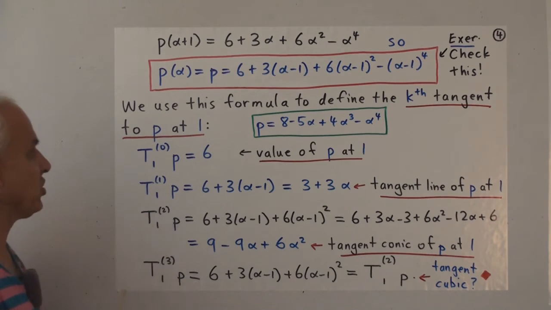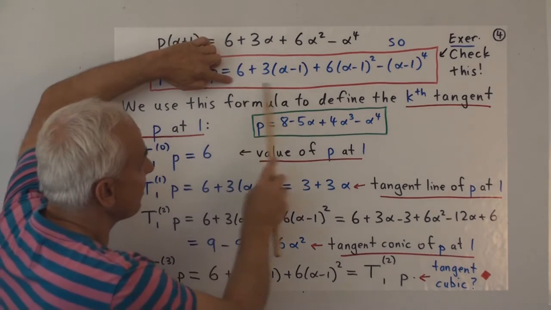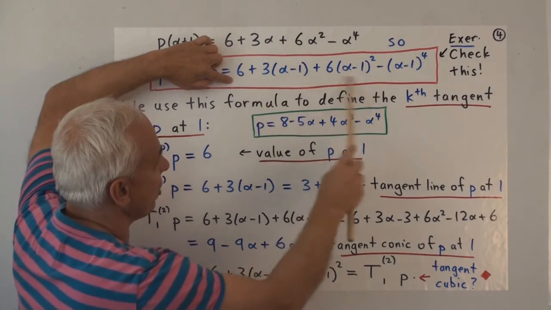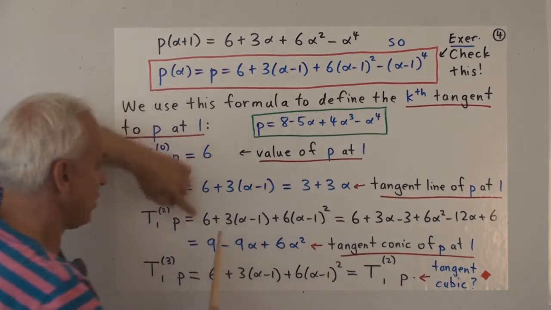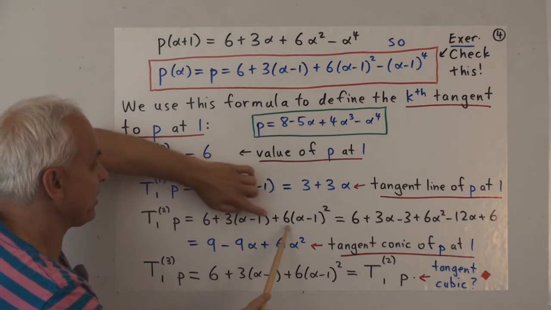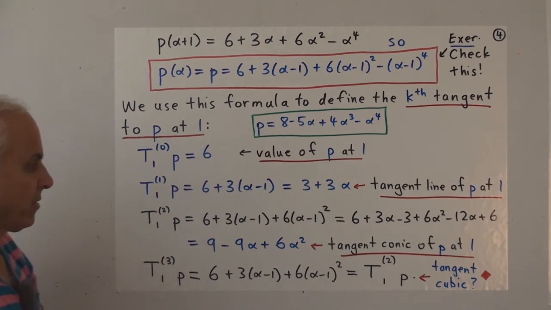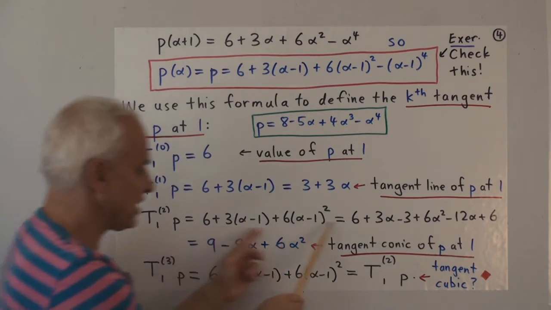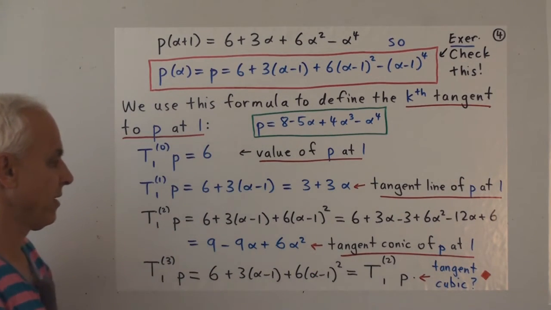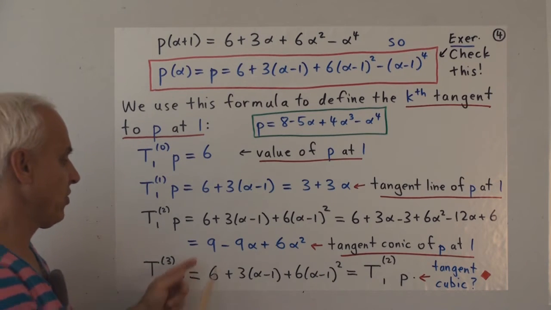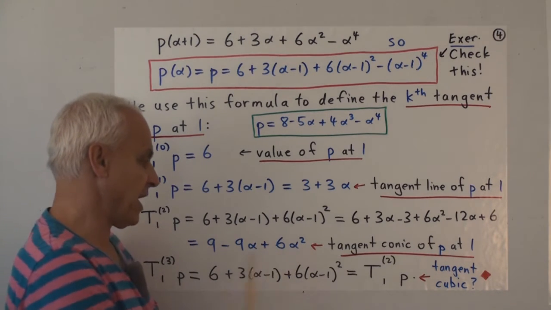The second tangent to P at 1 is what we get when we take this and we go up to degree 2 terms. So we truncate everything past here. We have 6 plus 3 alpha minus 1 plus 6 alpha minus 1 squared. And here I've expanded that out and collected terms. So it simplifies to 9 minus 9 alpha plus 6 alpha squared.